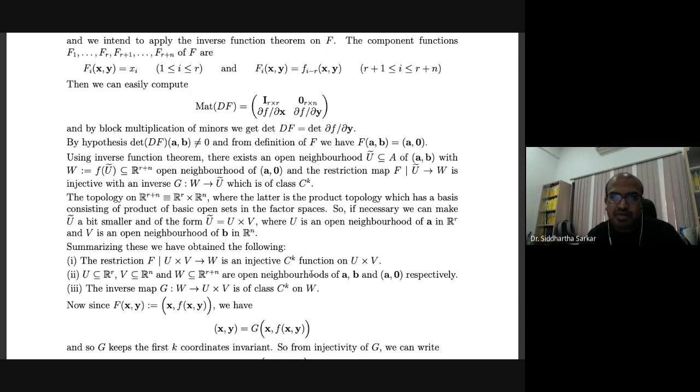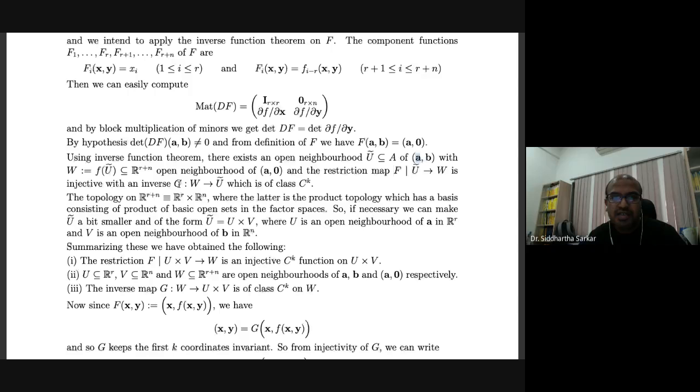It's very cool now. So you can always restrict your attention to some open neighborhood of (A, B), where A is coming from R^r, B is coming from R^n, and I can invert in that neighborhood.